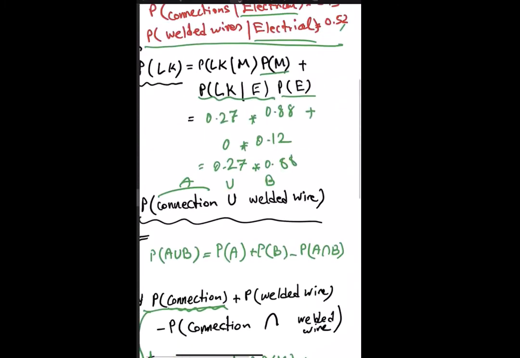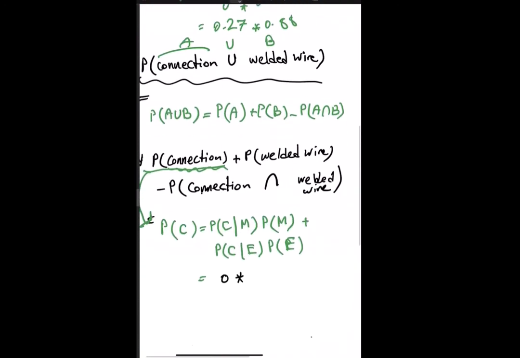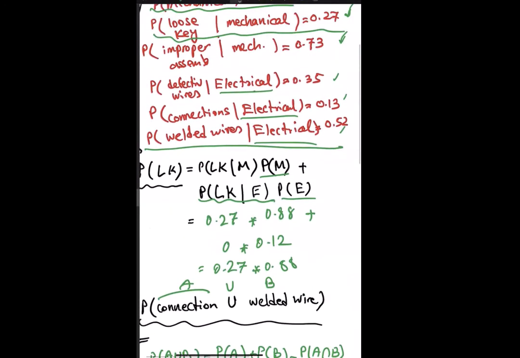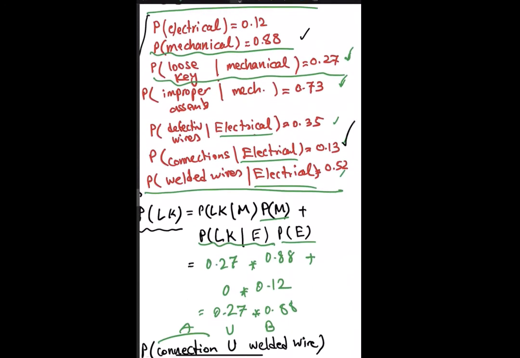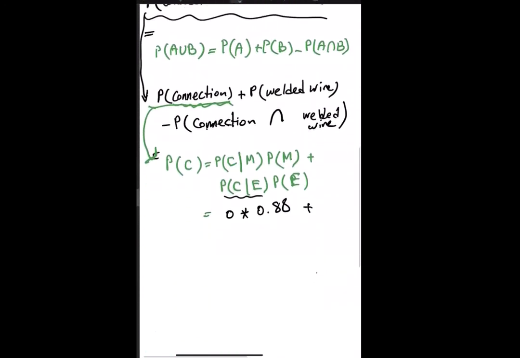Multiplied by probability that the error is mechanical, 0.88, plus, what is the chance that the error is because of connections, given the fact that we know it's electrical? 0.13. And 12% of the errors are electrical. So the result is just 0.13 multiplied by 0.12. Okay?